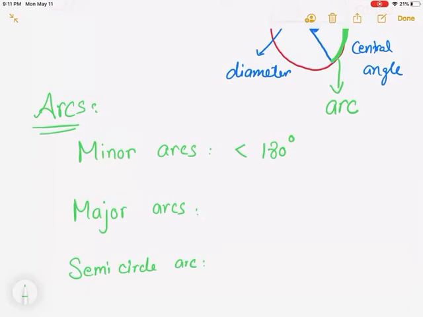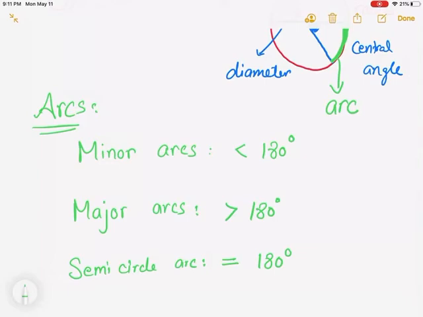Major arc is something bigger than 180 degrees, bigger than half of the circle. And the last one is semicircle, which is exactly equal to 180 degrees, meaning half of the circle.